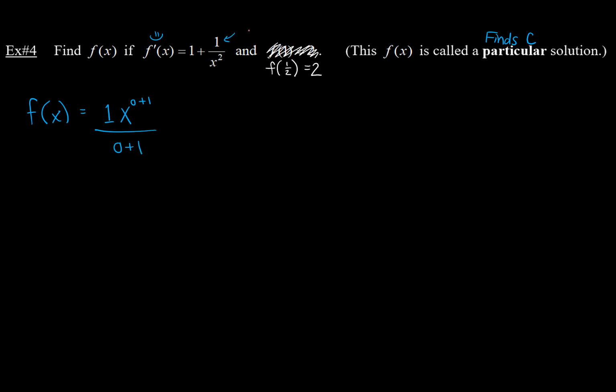Next, this one right here, it's easier if we think about it as x to the negative 2. So I'm going to add 1 to that, and then divide by that negative 2 plus 1, which is negative 1. Next, I'm going to put in here plus c, and then I'm going to simplify.